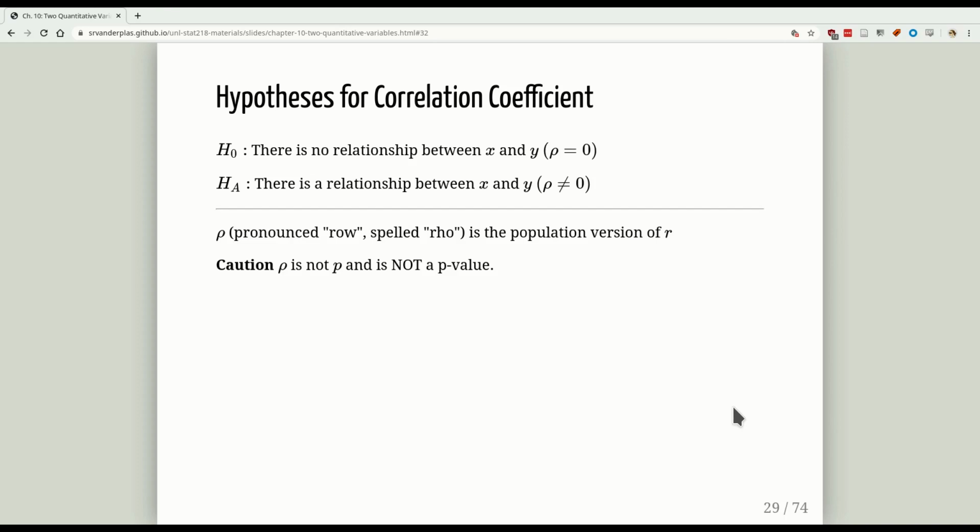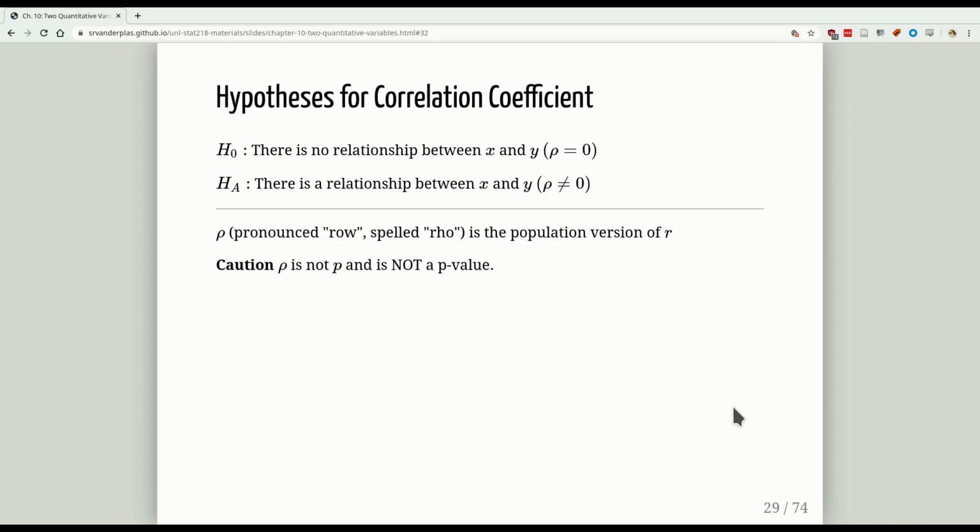You could, in theory, have an alternative hypothesis that says that there is a positive relationship between x and y, so rho is greater than 0. But generally speaking, the problems that we'll do are mostly concerned with, is there a relationship, rather than which direction is the relationship.